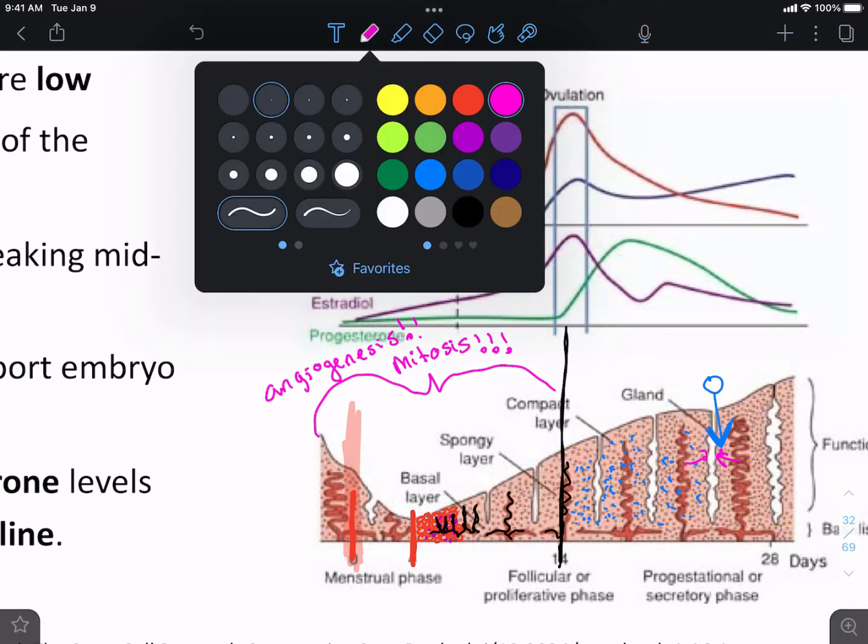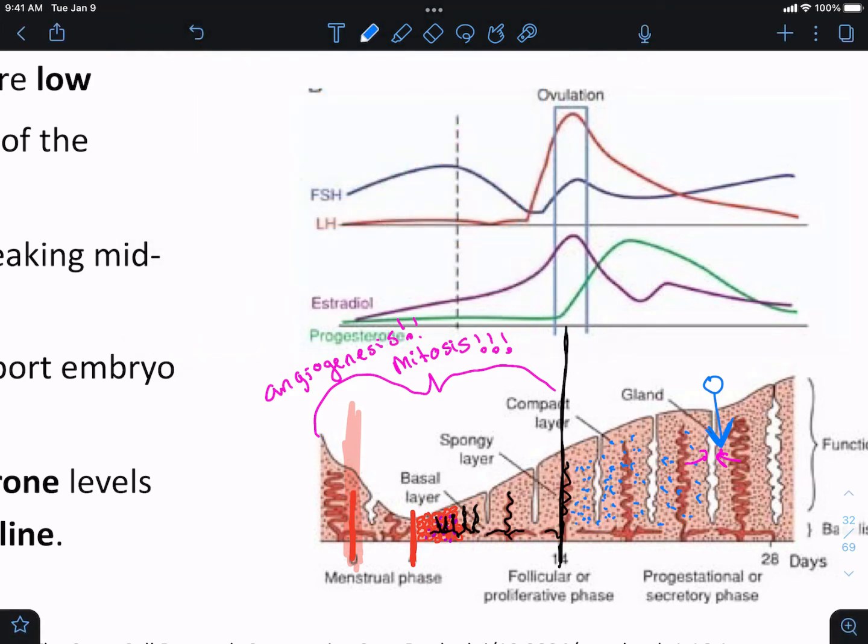And that secretory phase, again, super duper important, super duper necessary if we want to succeed at becoming pregnant. And so this layer is supported by the progesterone. Yes, we still get mitosis. Notice it gets thicker. Oops. Got a little carried away there.